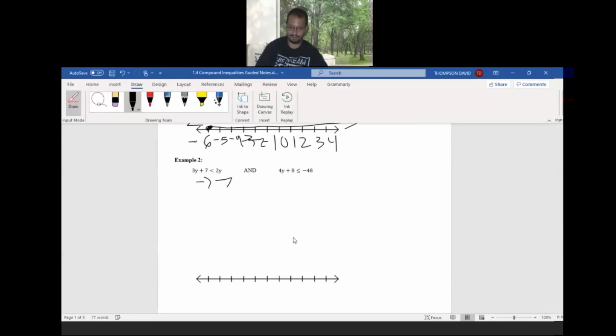So we're left with 3y is less than 2y minus 7. Next step, we'll subtract 2y from both sides. We're left with y is less than negative 7.